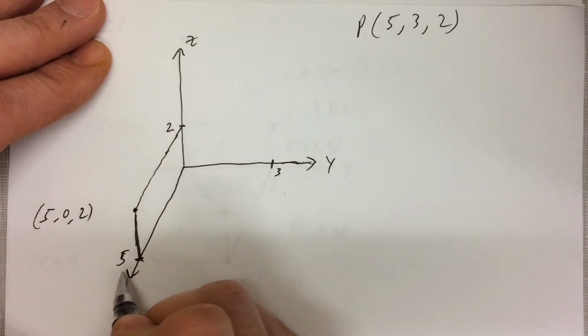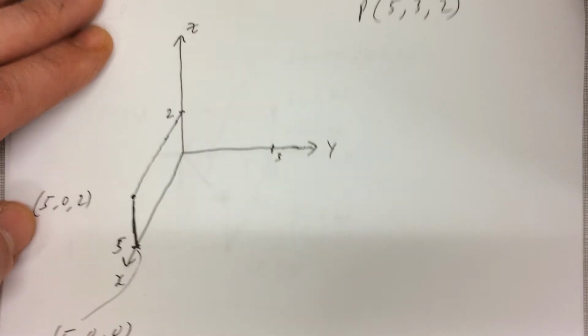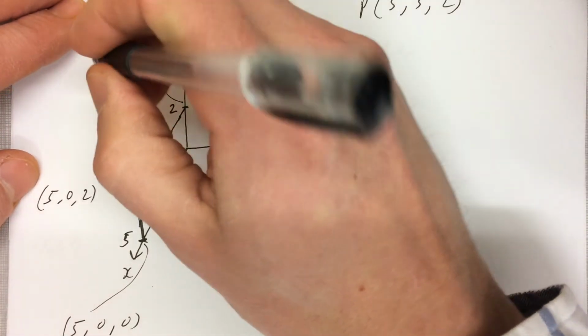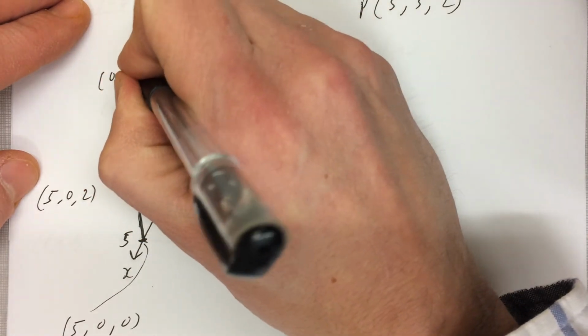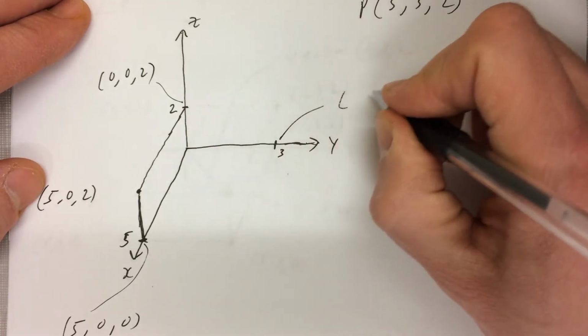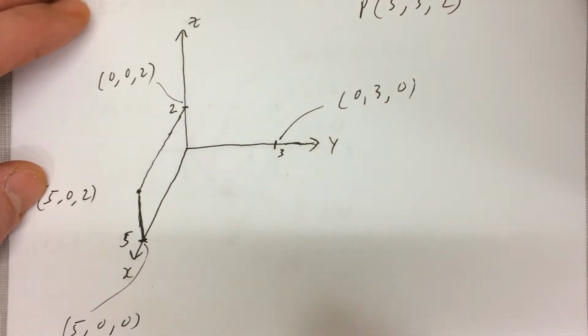Now this point here, that point is 5, 0, 0. Okay. This point here is 0, 0, 2. And this point here is 0, 3, 0.